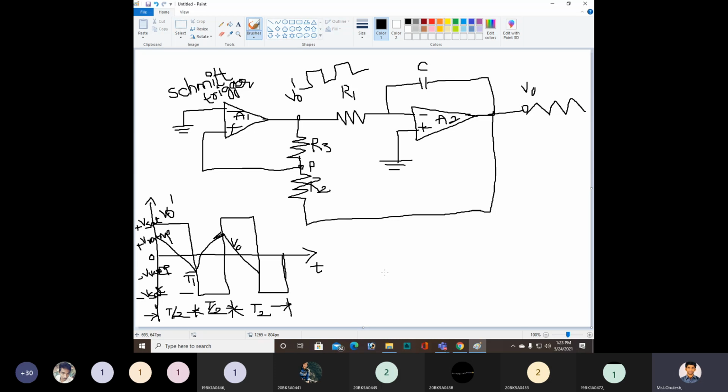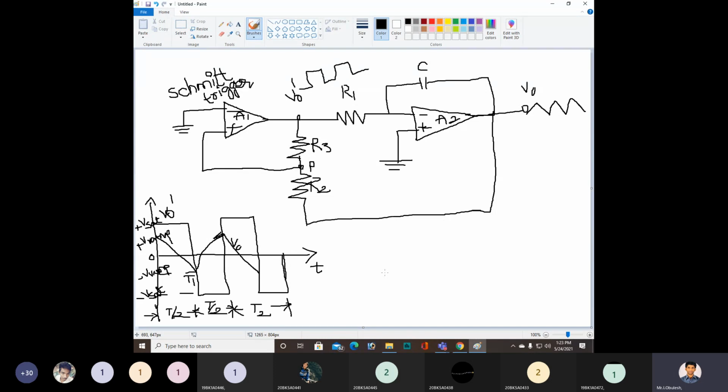Coming to operation, let us consider that the first op-amp A1 will act as a comparator. We already discussed in the previous statements what we discussed in the Saturday's class.